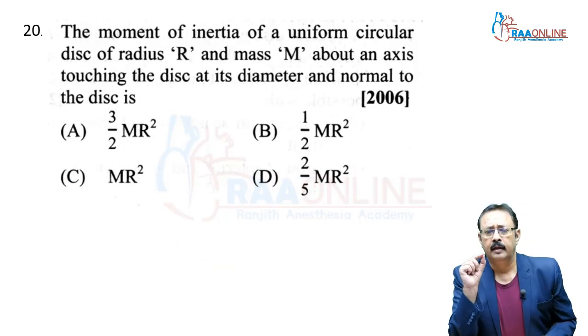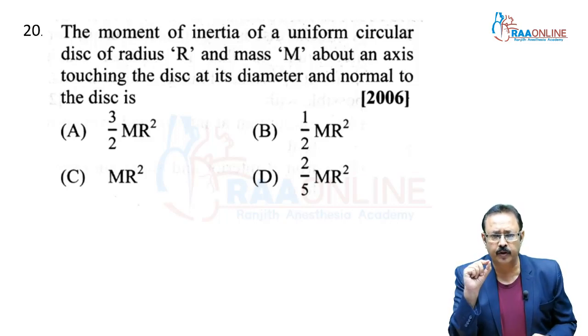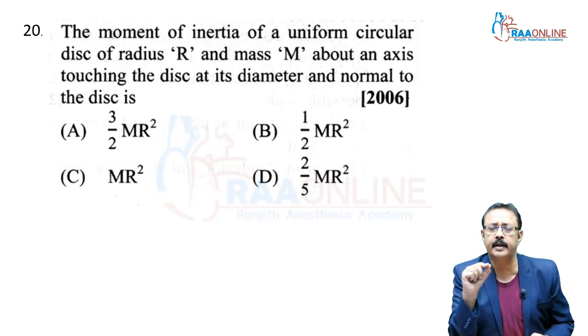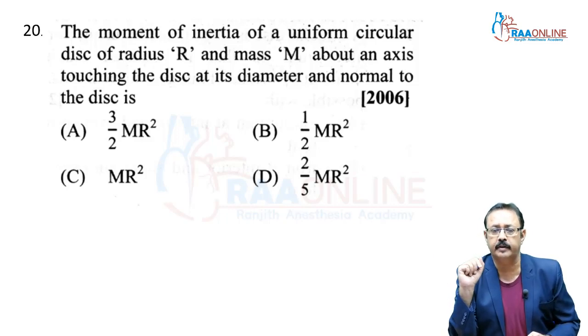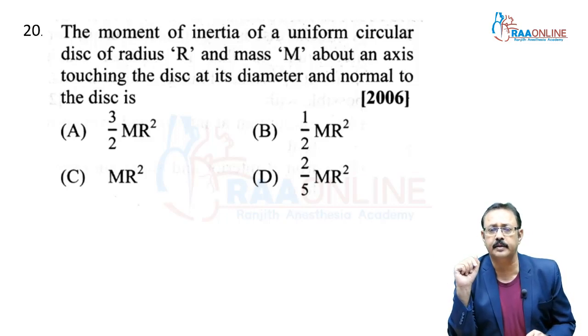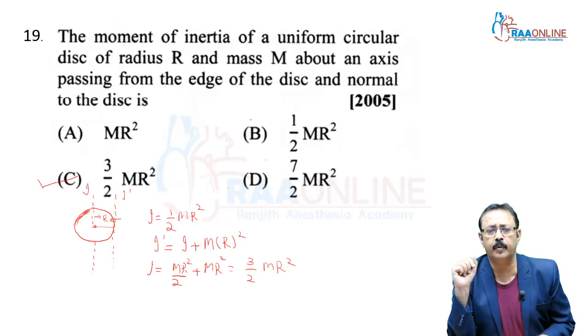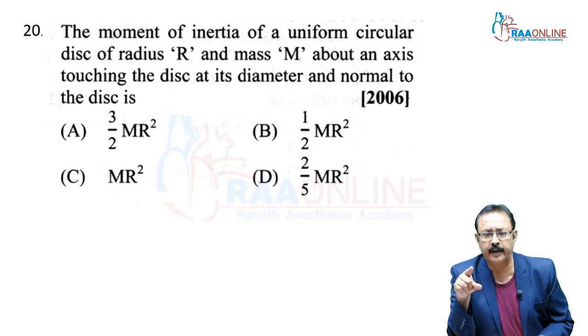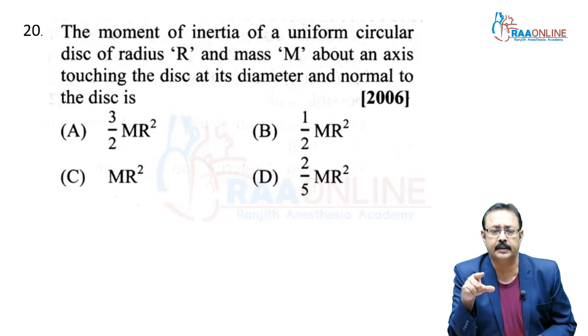Next, the moment of inertia of a uniform circular disk of radius r and mass m about an axis touching the disk at its diameter, meaning the end of the diameter, and normal to the disk. Nearly the same problem we got in 2005, and again we are getting it in 2006.